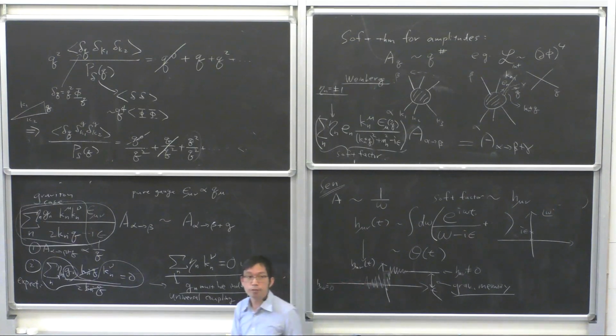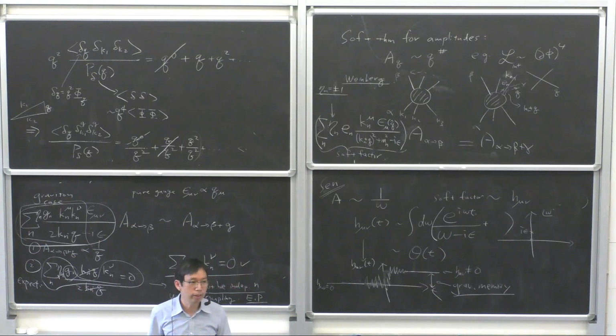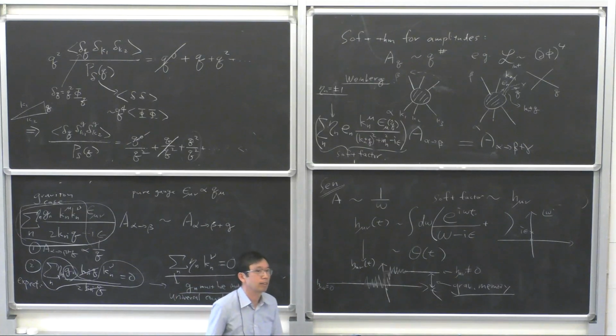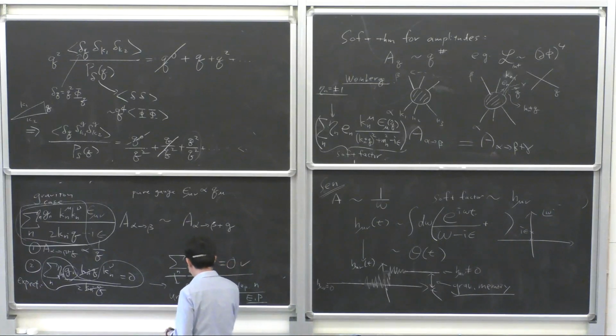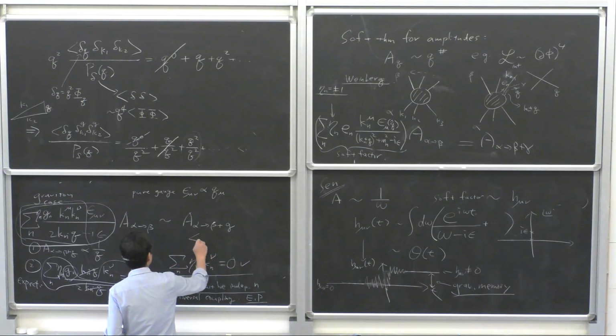Any questions? That's all I have to say now about soft theorems. Yes. So going from the correlation functions to the amplitude or vice versa, is it just through the LSZ formula? It is the LSZ formula, but there's one thing you have to be careful about. In cosmology, the correlation functions we are interested in are in-in correlation functions.